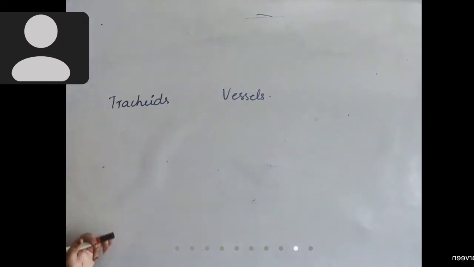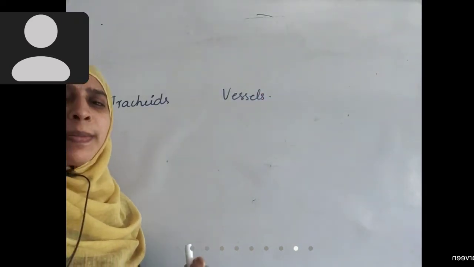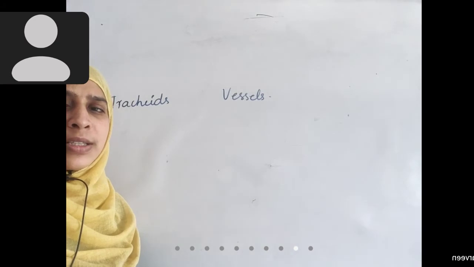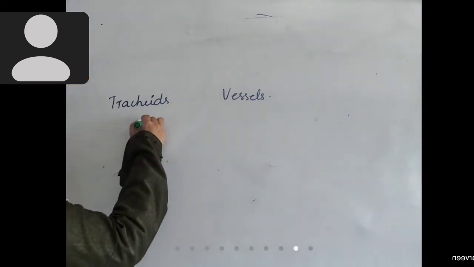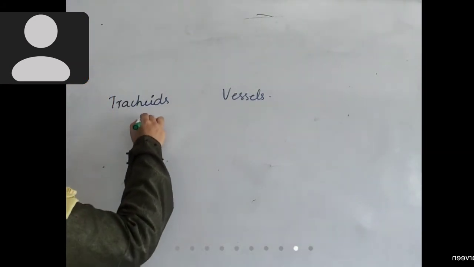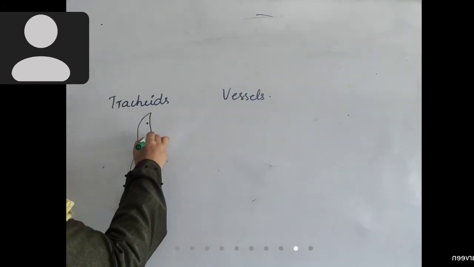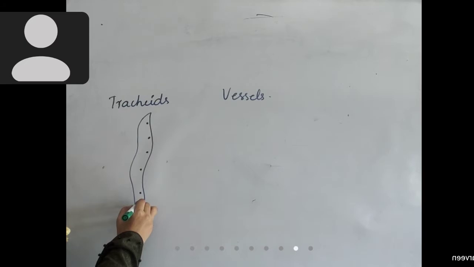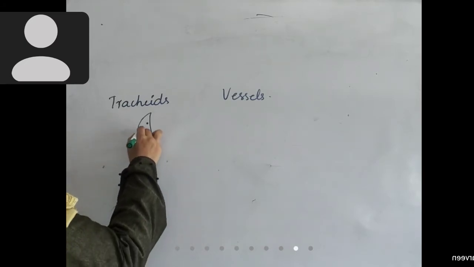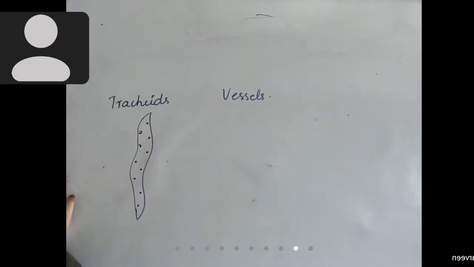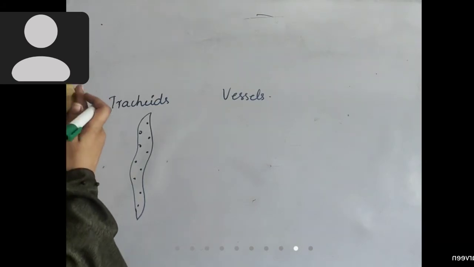Both of them give mechanical support to the plant. Both of them help in conduction of water and minerals. But the difference is that tracheids are long with tapering ends like this. Holes are on the sides of this, and conduction occurs through the sides.